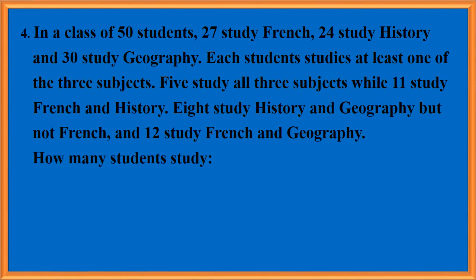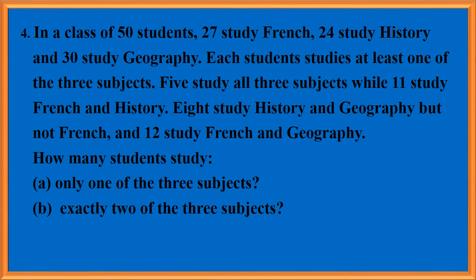We should find how many students study only one of the 3 subjects, exactly 2 of the 3 subjects, and we should illustrate the information on a Venn diagram.